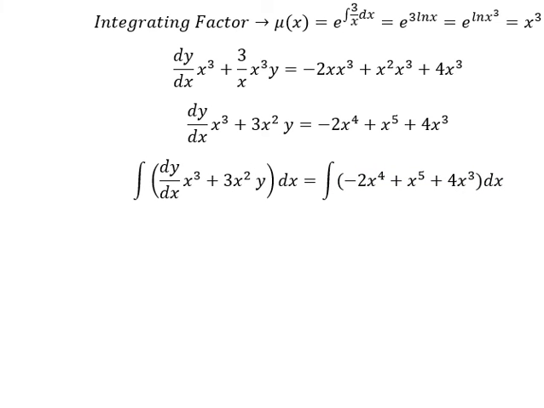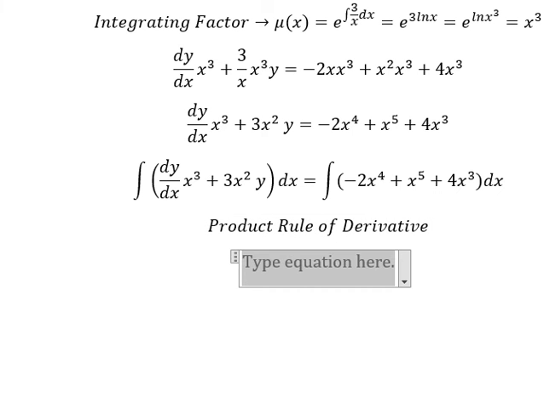Next, we can use the product rule of the derivative. So we have the first derivative of y equals the first derivative of a multiplied by b plus the first derivative of b multiplied by a.